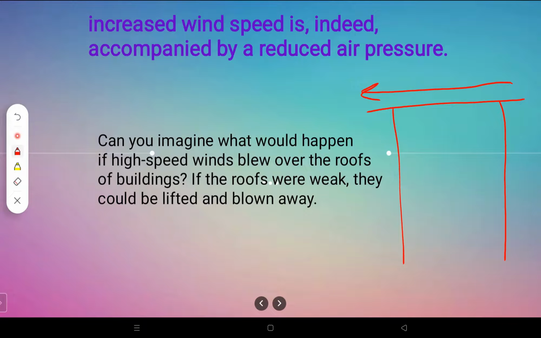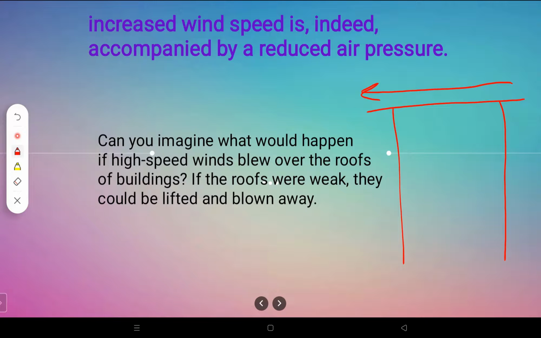What would happen? Apply that concept here also. So the building will fall? No, the building will not fall. The roof will be lifted and blown away.